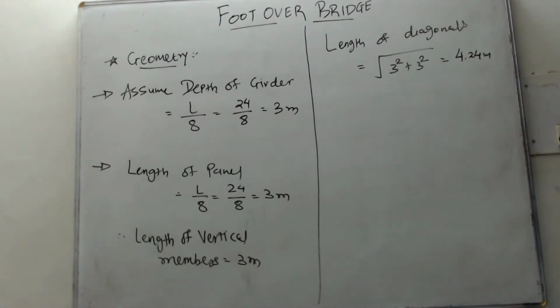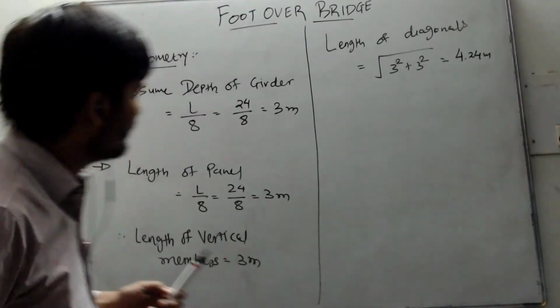So we have a total of 24 meters. How many panels? Sorry, not 6, 8 panels at 3 meters each. So 8 panels will be there. Let's draw the diagram for the geometry.